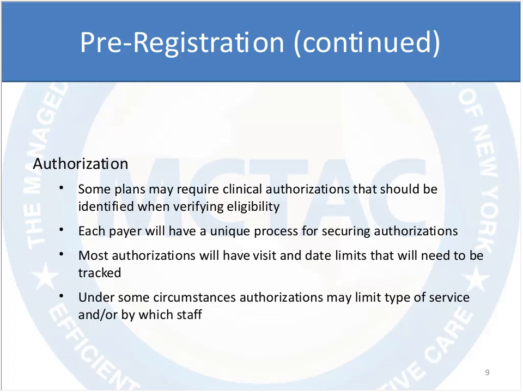And in some instances, it might actually go down to the provider level, meaning that the authorization is for 10 visits for 3 months for a social worker, versus a different authorization that might be 6 visits for 6 months for a psychiatrist and so forth. So the process and understanding the service, the plan, and the authorization process is very important.